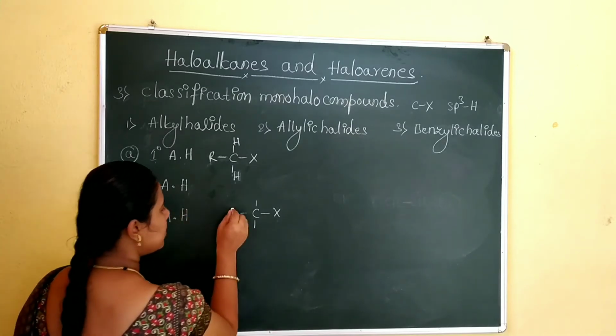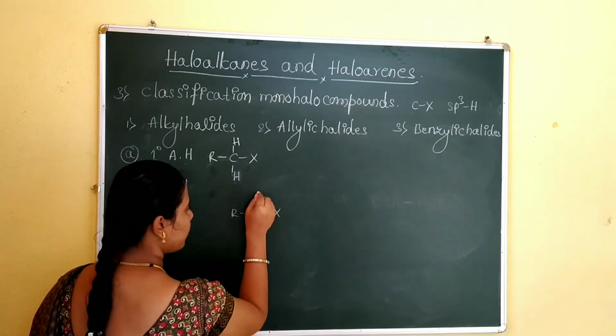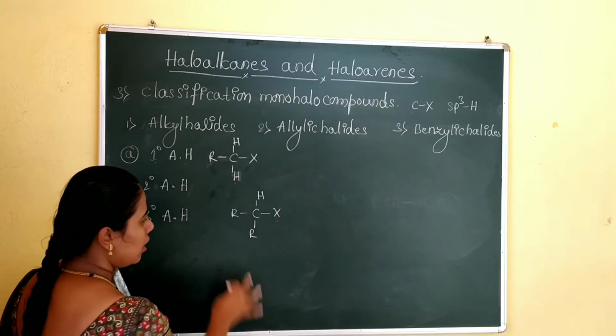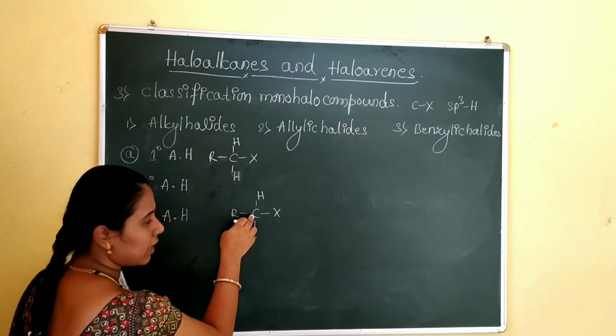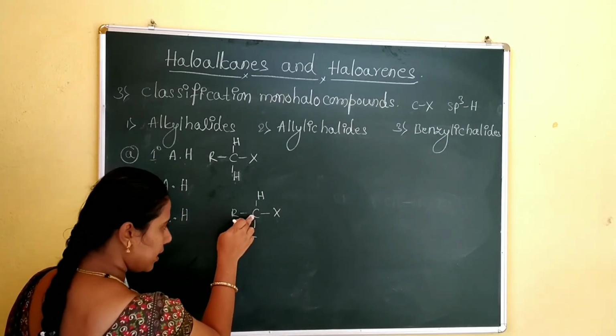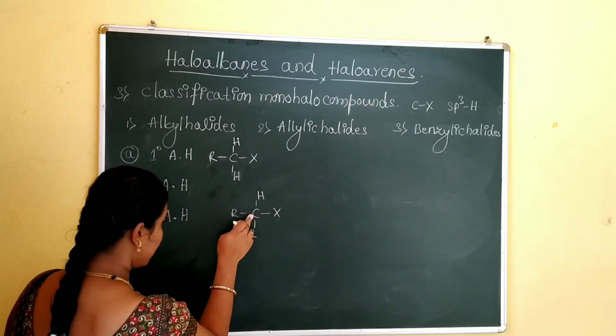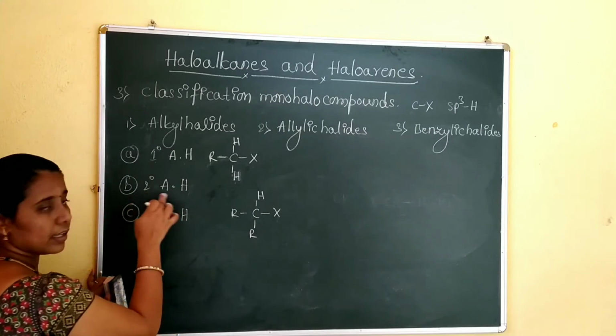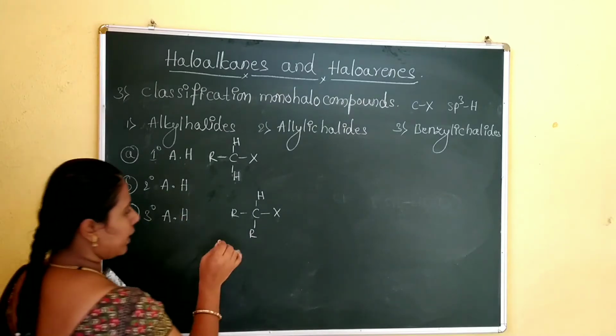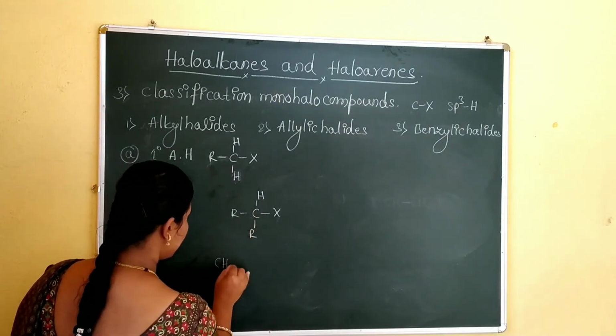Secondary carbon atom means it contains 2 alkyl groups and only 1 hydrogen. If a halogen atom is attached to a secondary carbon atom, then it is known as secondary alkyl halide.